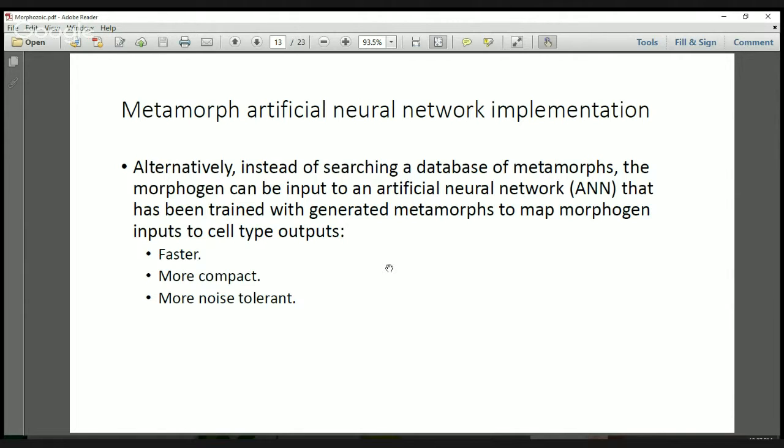This is very fast. You don't have to look stuff up. You just run a bunch of numbers through some mathematical functions. There are far fewer elements involved, so it's compact, and it's more noise tolerant.